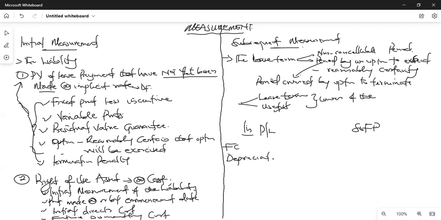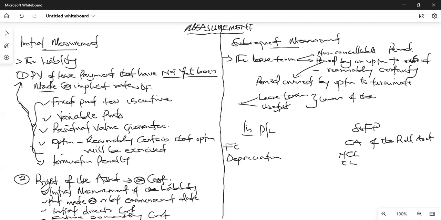In the SOFP, we need the carrying amount of the right of use asset, and what has to be in non-current liabilities and what has to be present in current liabilities.